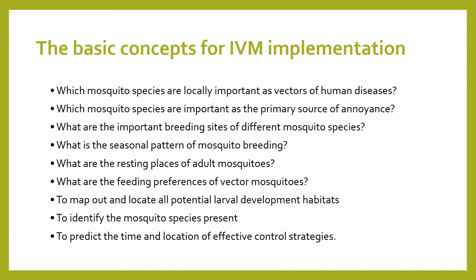What are the feeding preferences of vector mosquitoes? Then, to map out and locate all potential larval development habitats in that particular area, then identify the mosquito species present, and predict the time and location of effective control strategy.